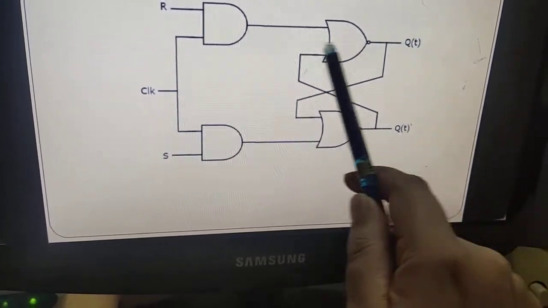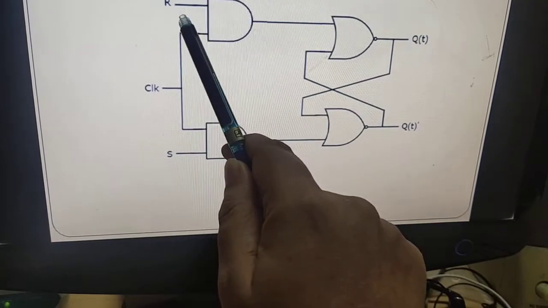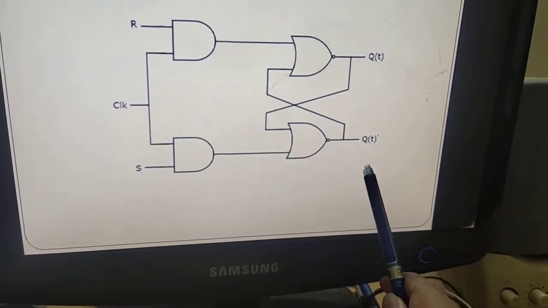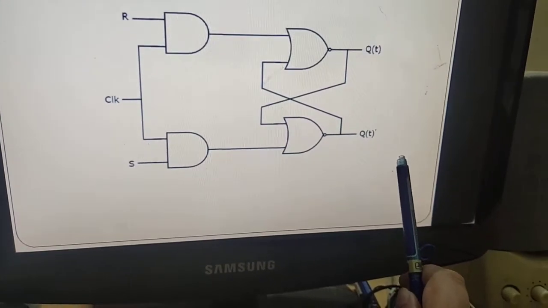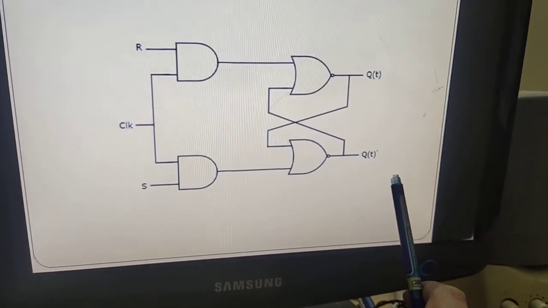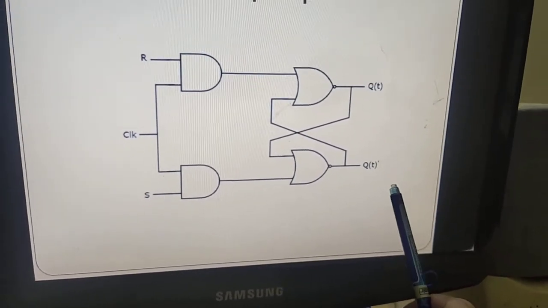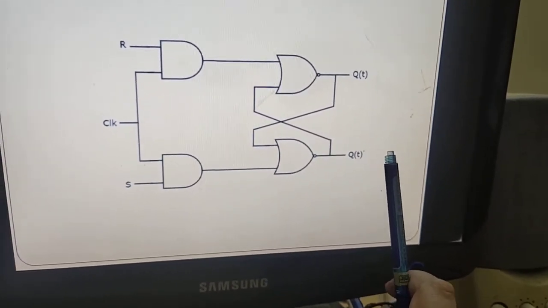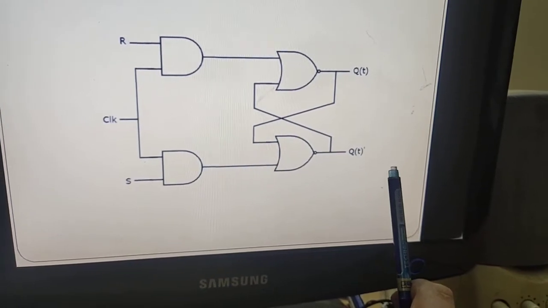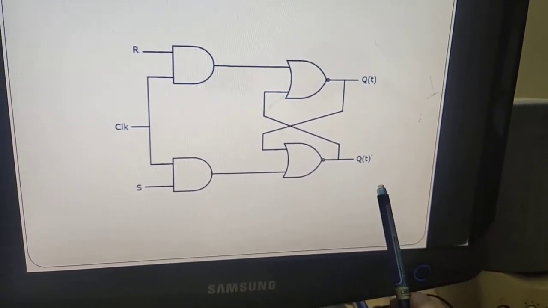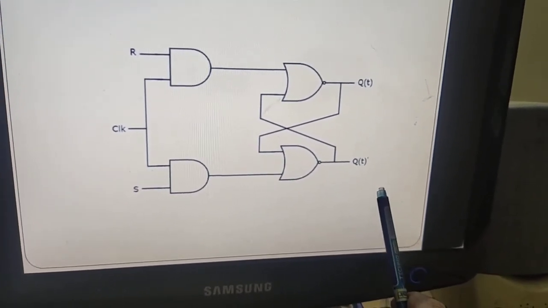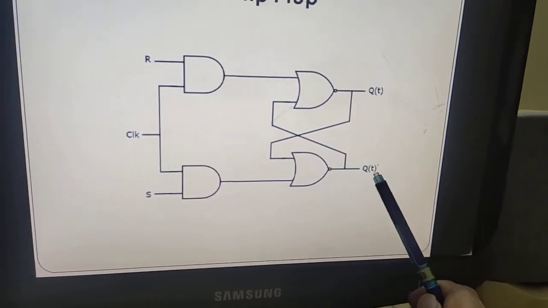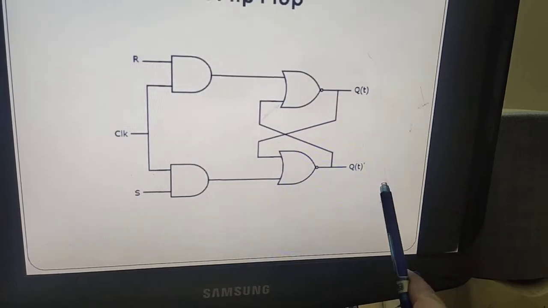So when S is equal to 0 and R is equal to 0, whatever the value of Q of t and Q bar of t is there, it is going to remain unchanged. Understand that? If you are not able to understand, it's just a very simple thing. Unlike your other combinational logic circuits, you have to have predefined values.